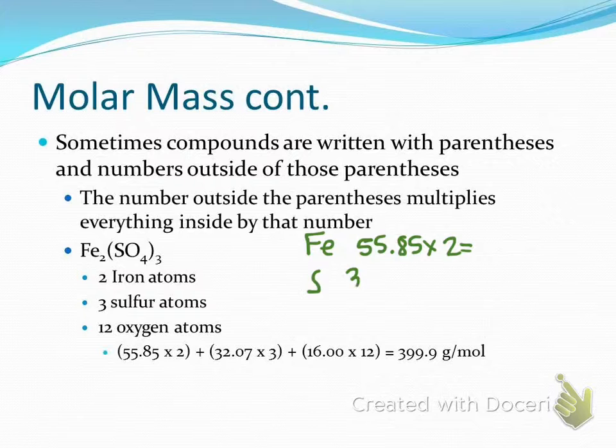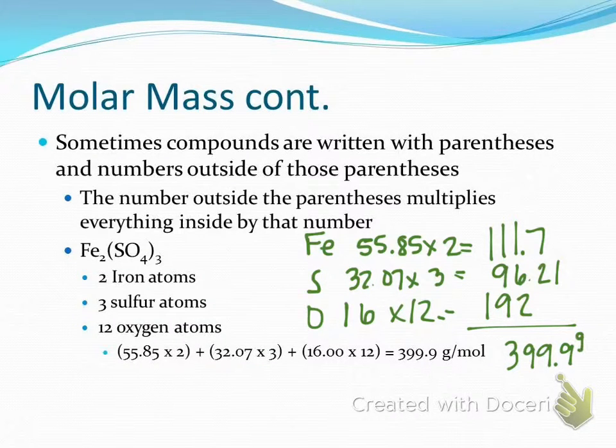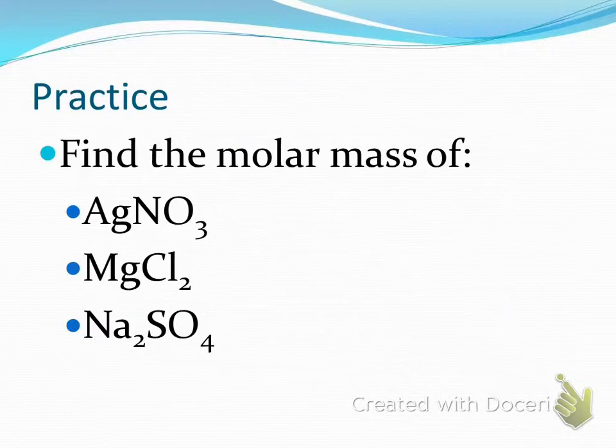We know sulfur is 32.07 times 3, and we know oxygen is 16 times 12. Okay, so go ahead and calculate these on your own.